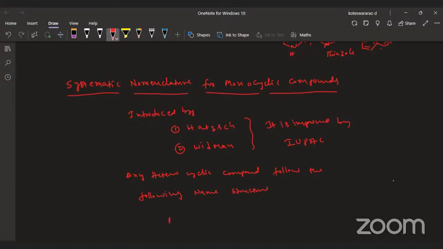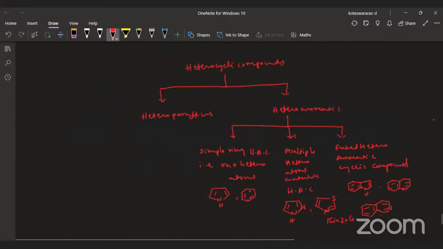The first one is the prefix, then the root or stem word, and the suffix. This is the structure of any heterocyclic compound name. The basic syntax is simply the prefix, root word or stem word, and suffix. What the prefix, root word and suffix indicate.